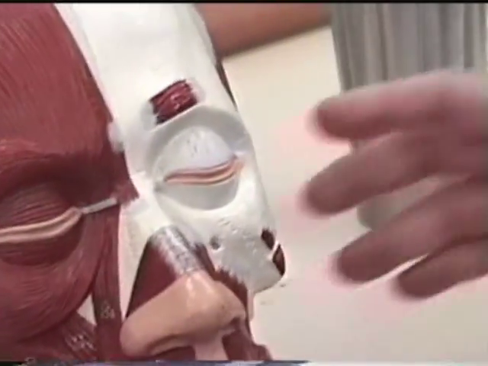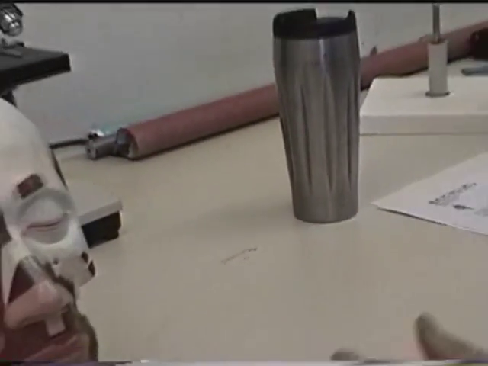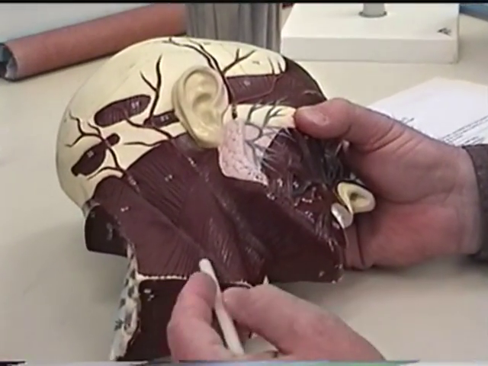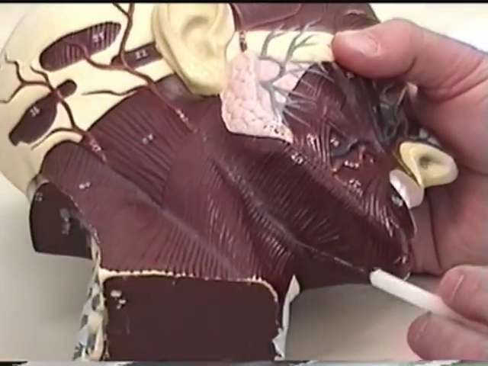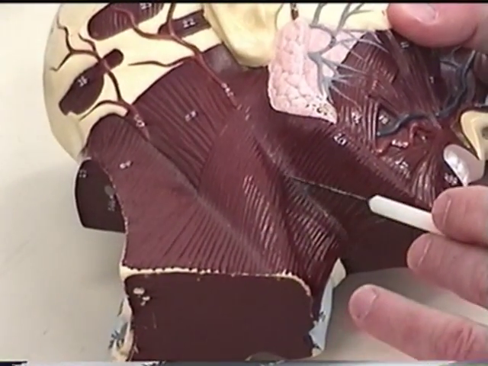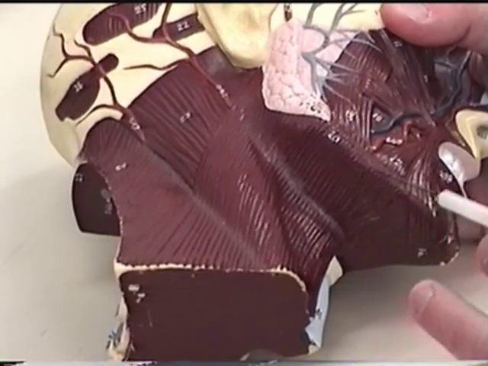Now we have to change models. There's a very thin muscle that overlies all the anterior muscles of the neck. This very thin muscle running over these other muscles is the platysma.